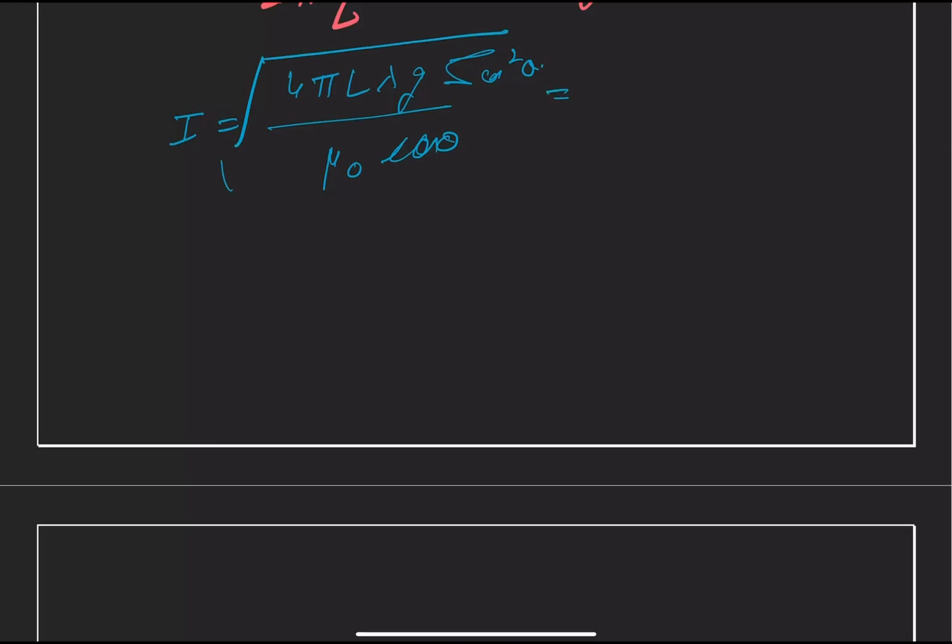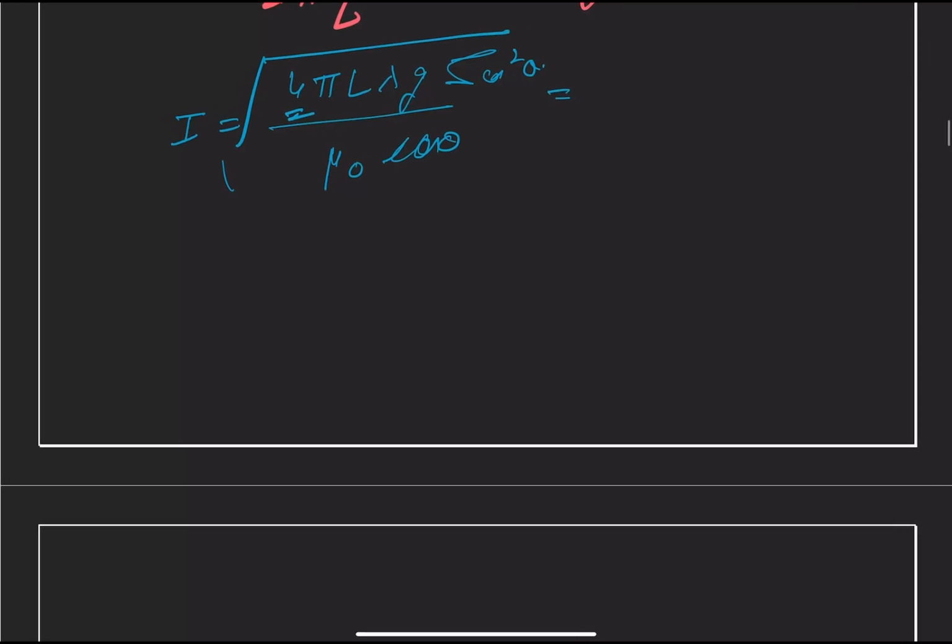We can take sine square theta as common, so this gives us 2 sine theta, and we are left with here pi L lambda g and mu naught cos of theta.